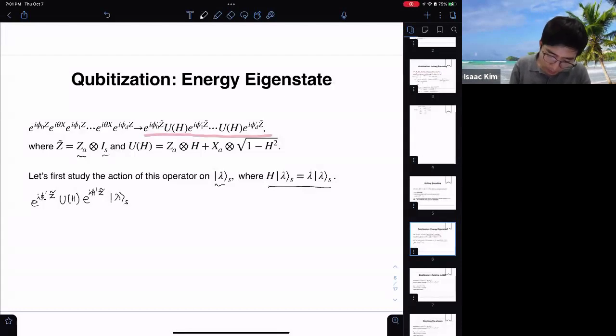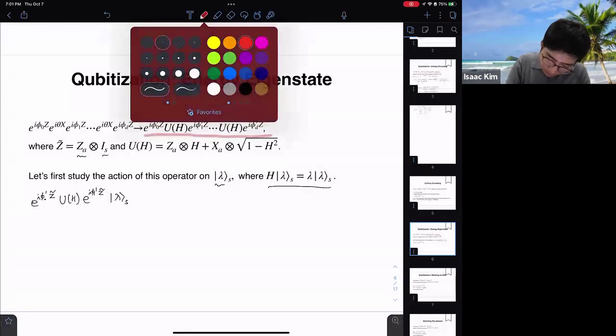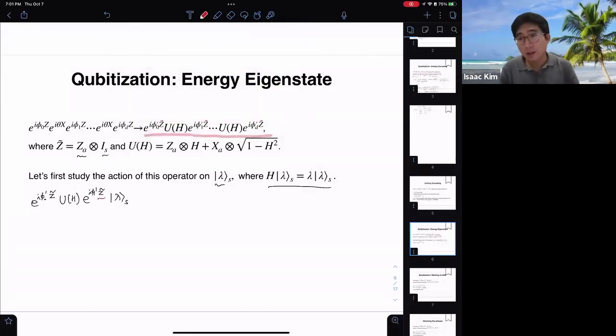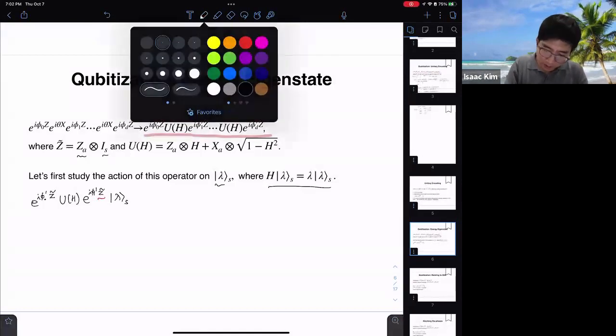Well, first thing first, notice that this operator, Z tilde, does not act on this system register. So we can just commute that out.